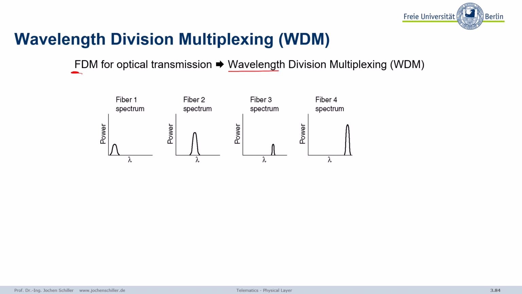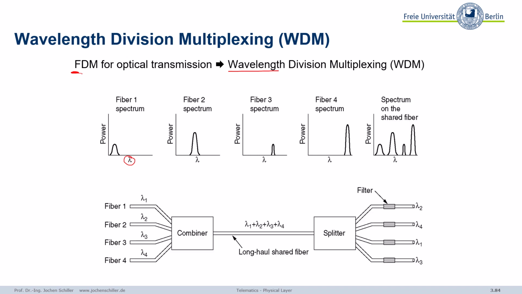Now for wavelengths, here we indicate the wavelength on the x-axis. And we humans, we call this color, so different colors. And we then actually combine this. We combine this and we transmit over a shared fiber different channels, different colors. So basically all these different colors, different wavelengths, different frequencies, they come together here.